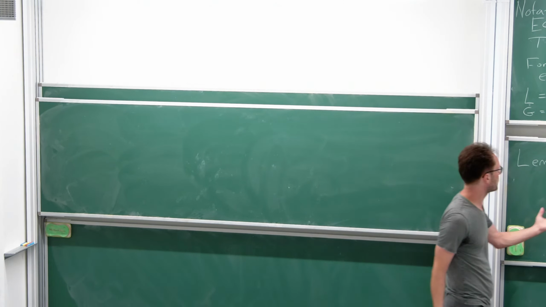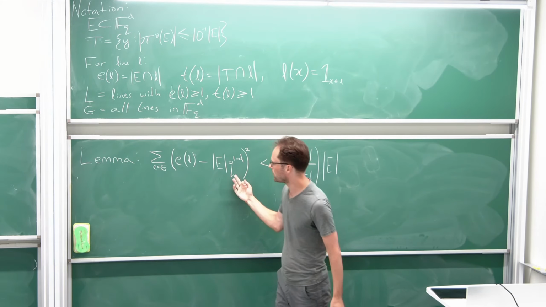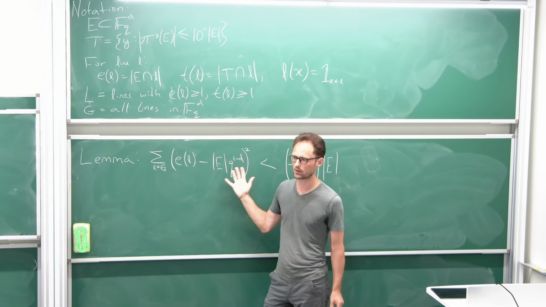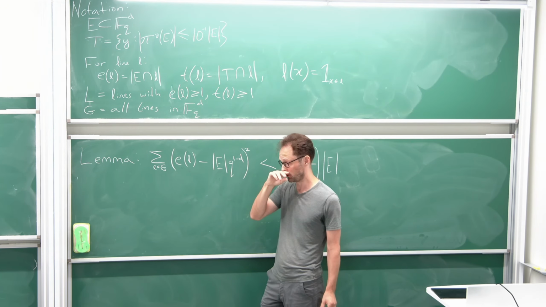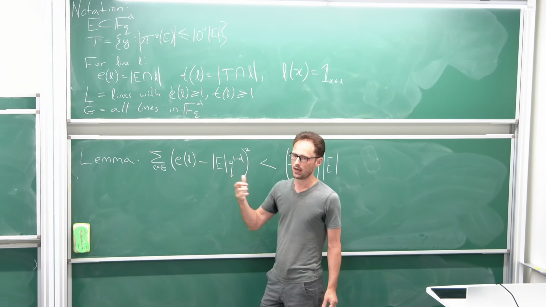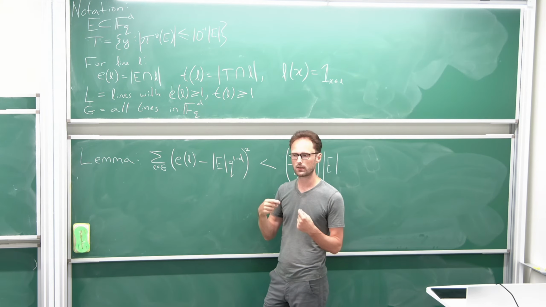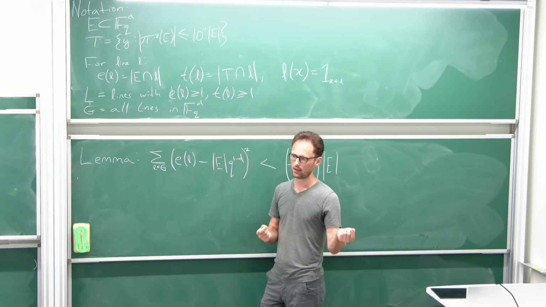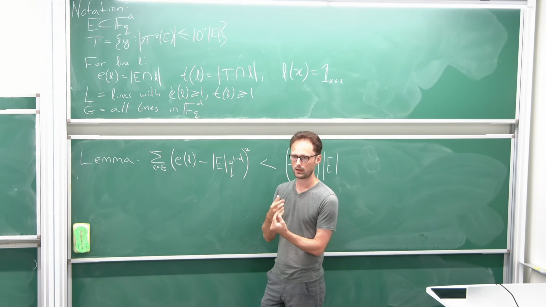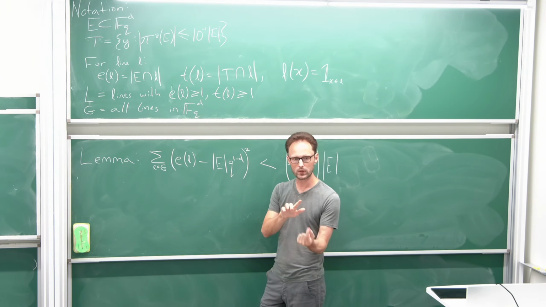I should say this is equivalent to another formulation. This is exactly the statement that we need, and it's actually a little easier to prove. But in the other formulation you have a set E of points and a set L of lines, and you look at the number of pairs of a point of E and a line of L where the point is contained in the line.